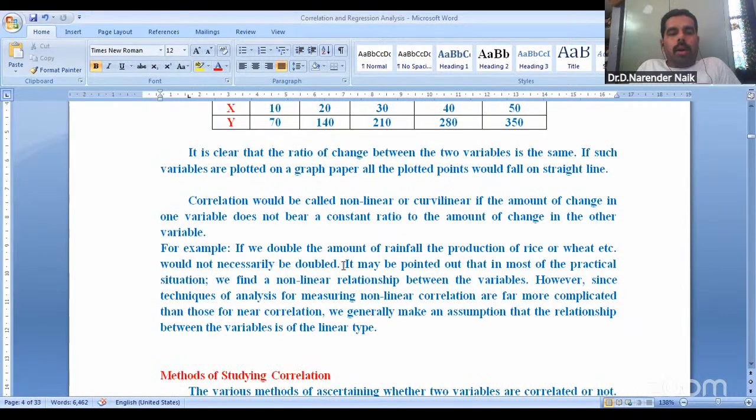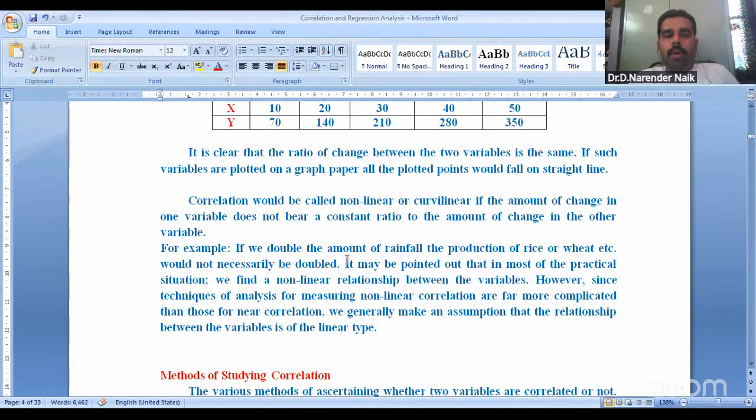The next one is non-linear, or sometimes we call it curvilinear. If the amount of change in one variable does not bear a constant ratio to the amount of change in the other variable, the correlation would be called non-linear or curvilinear.